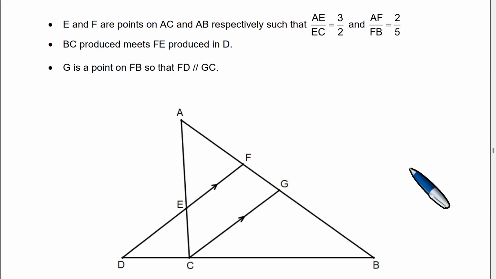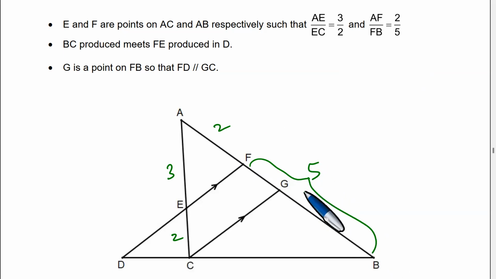Let's mark this one so that you cannot forget. In the exam, normally you need to mark AE over EC is 3 out of 2. And then there's AF over FB.